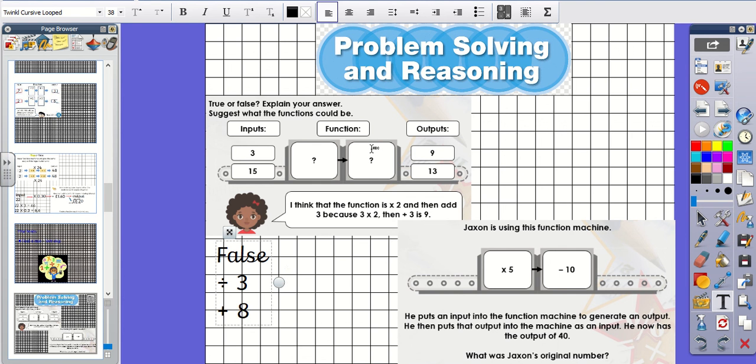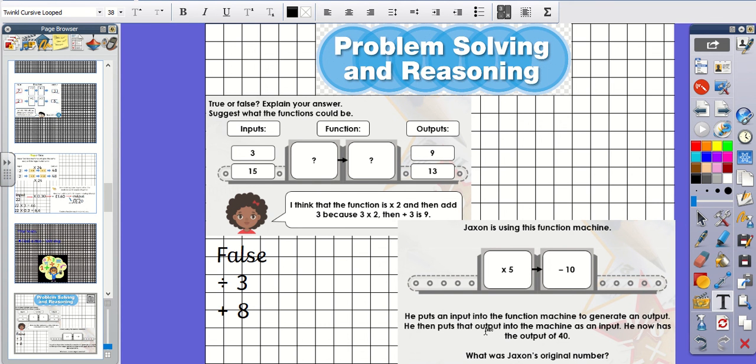So let's see whether that works for 15. 15 divided by 3. 3, 6, 9, 12, 15 gives me 5. 5 add 8. 8, 9, 10, 11, 12, 13. Excellent. So that is the correct function machine that it could be there. I wonder if you can think of any other different functions that it could be for both of those inputs and outputs.